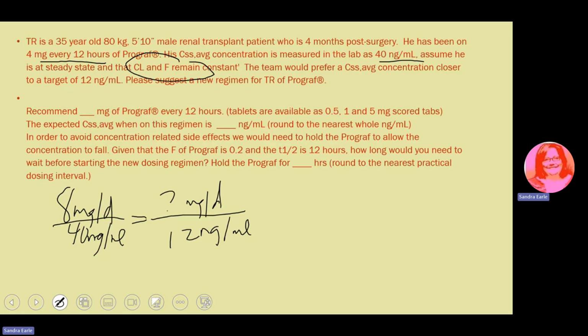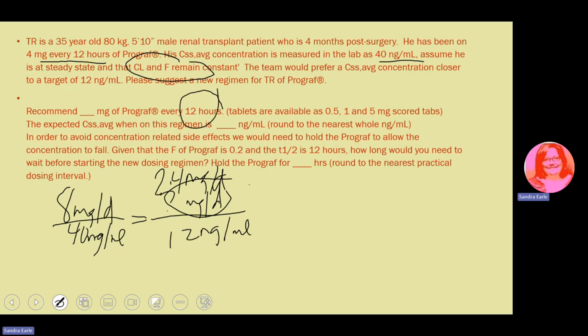So 12 times 8 divided by 40. So I got, this will be 2.4 milligrams per day. And we're going to give it every 12 hours.